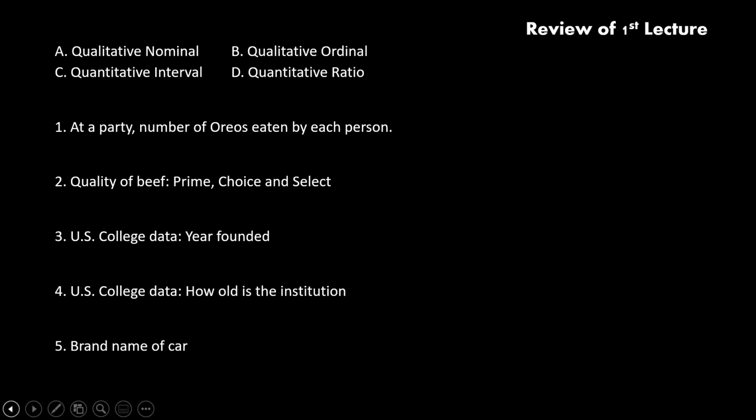It's quantitative. Is it quantitative interval or ratio? Interval, because if one was founded in year 1600, and another was founded in year 2000, does the ratio make sense?